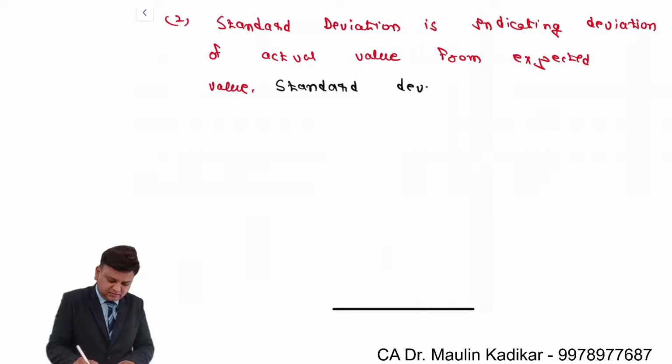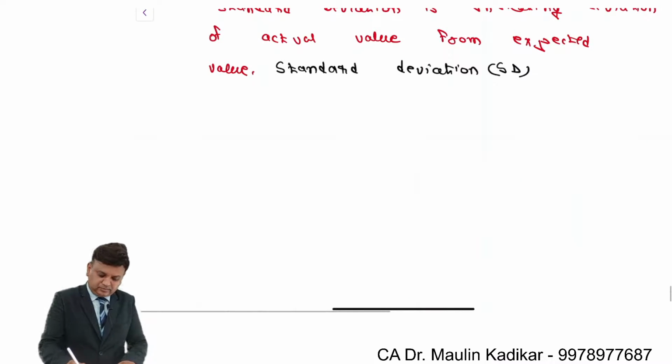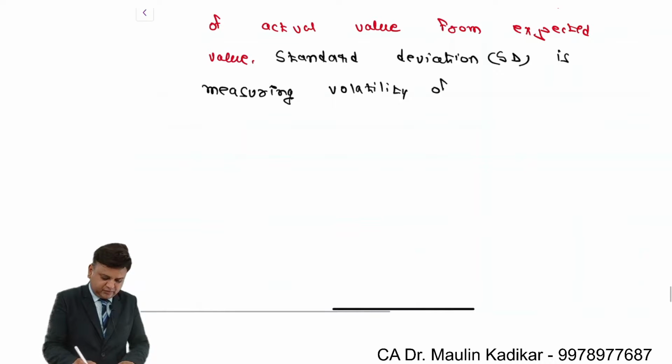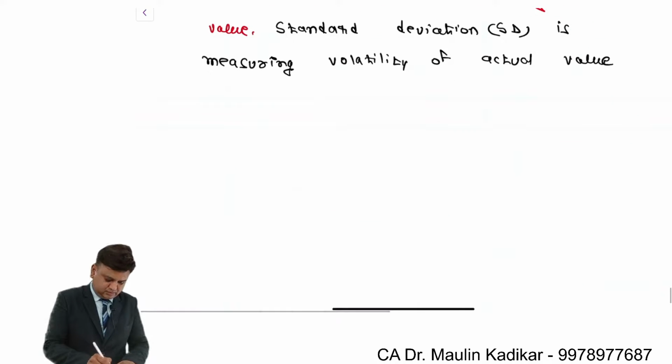Standard deviation, in bracket I am writing SD, is measuring volatility of actual value from mean value.